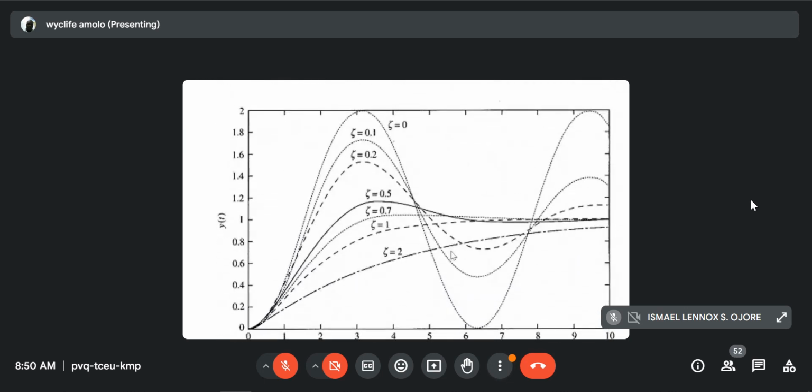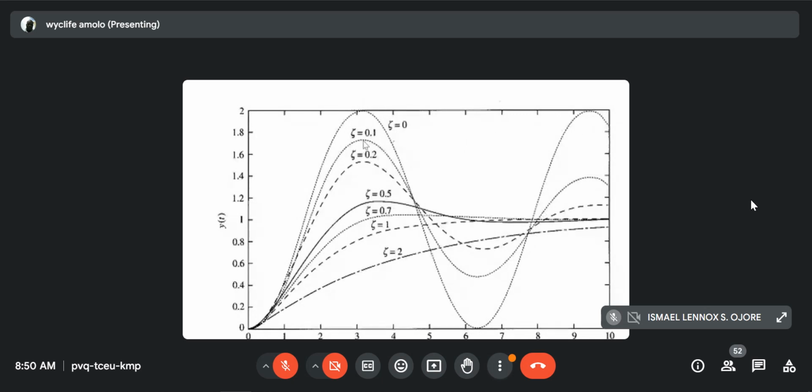So you find that when the damping ratio is equal to 0, the signal oscillates with the same amplitude, up and down, like that.